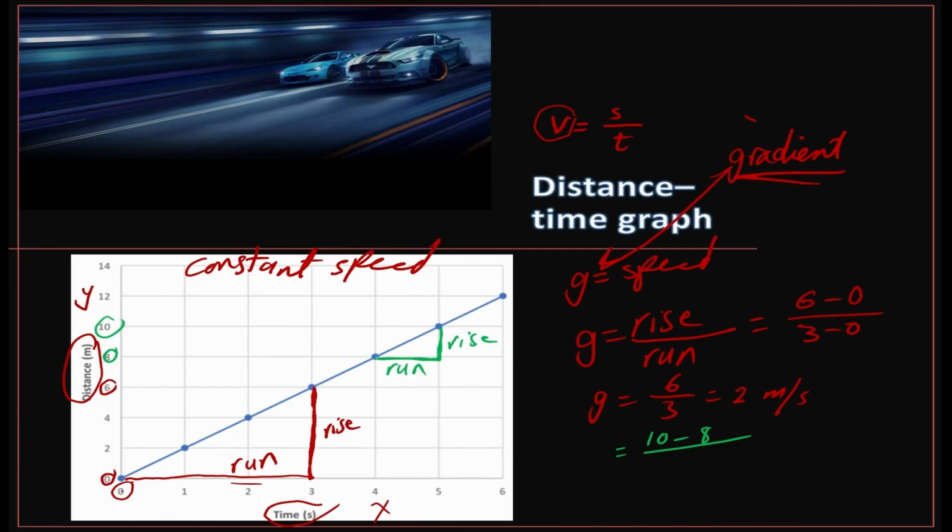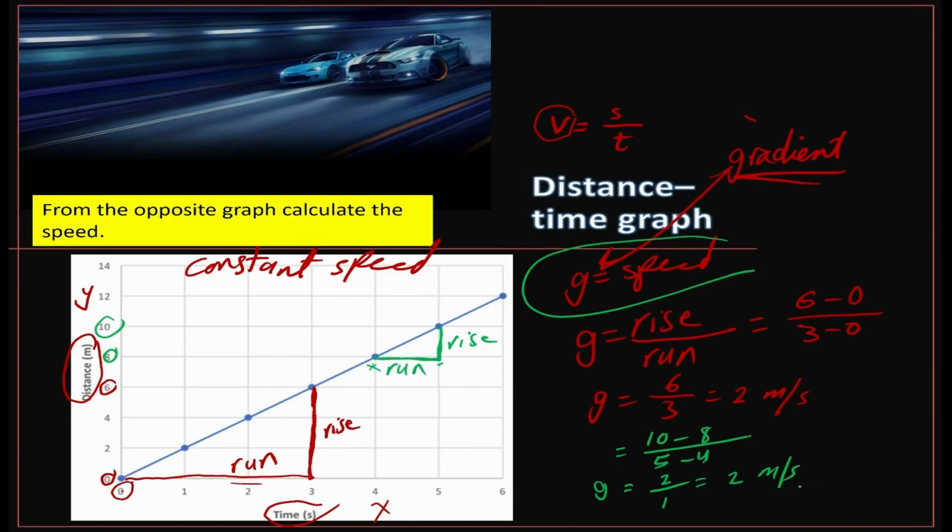This run is from where to where? From 4 to 5. From 4, the initial, to 5. So it is 5 minus 4. 10 minus 8 is 2 over 5 minus 4 is 1. So the gradient equals 2 meters per second. The gradient, as we said, is the speed here. So the speed equals 2 meters per second.